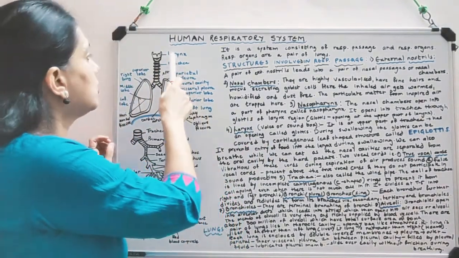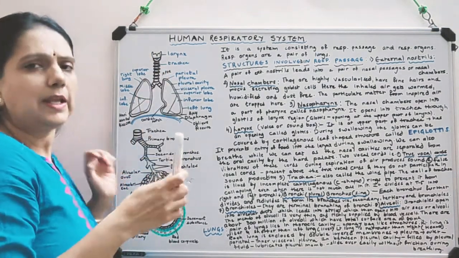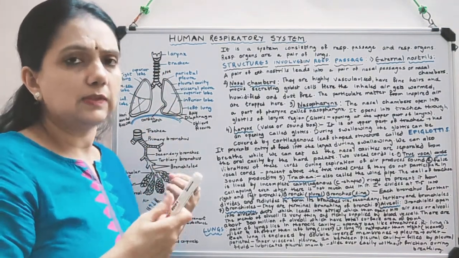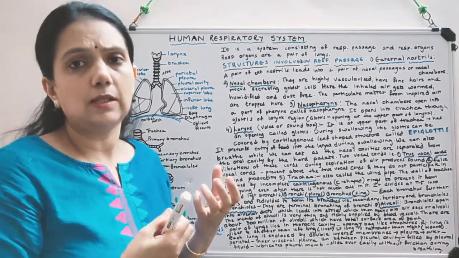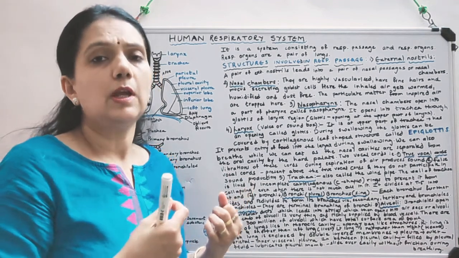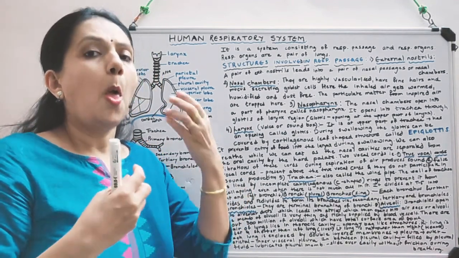Let's see the structure over here. I have drawn from here. I have not drawn it, but you can take air from the nose as well as the mouth. When you have coryza, a runny nose, and the nose is stuffy, you can do mouth breathing.